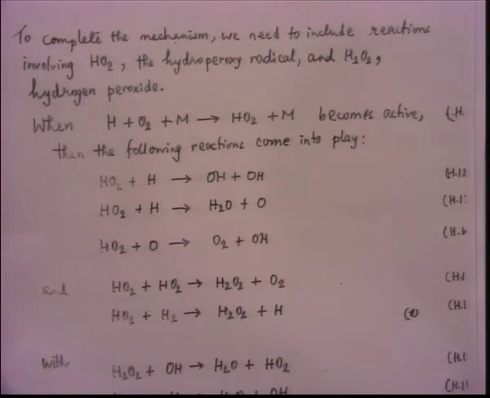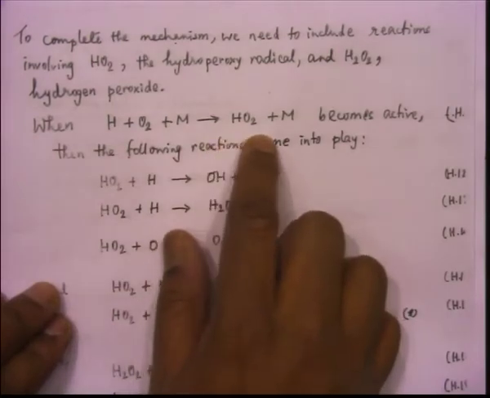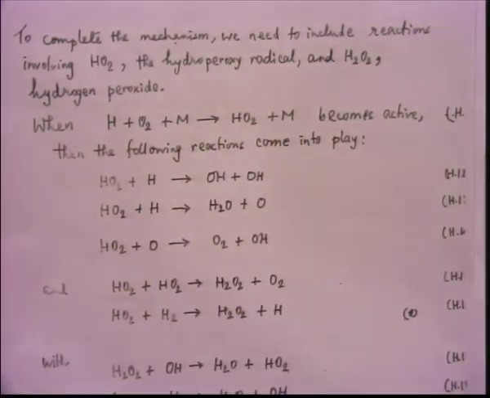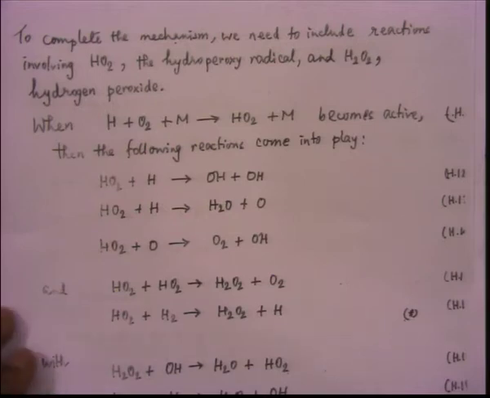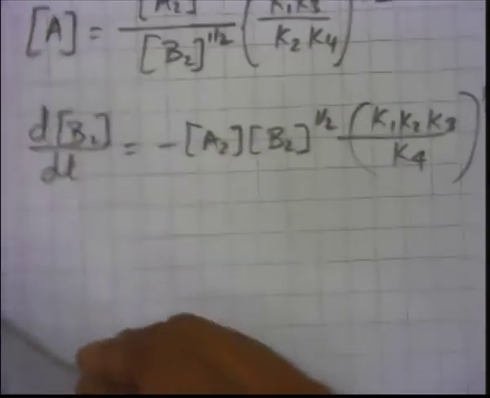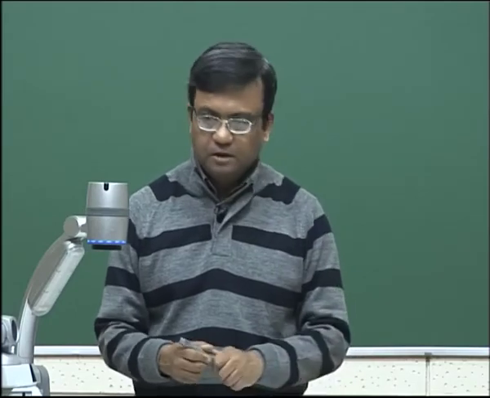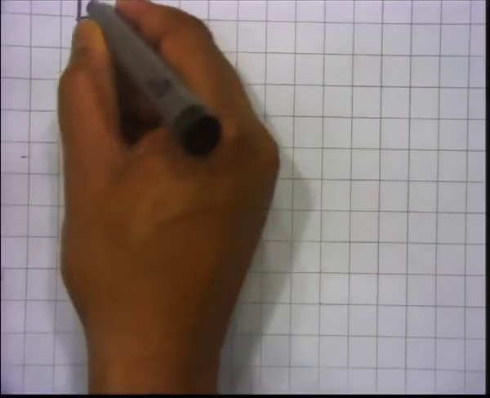That competitor is this reaction H plus O2 plus M giving you HO2 plus M. So, beyond a certain pressure this reaction becomes important. So, I think maybe it is better if I write these things at one place rather than showing all equations together. So, I am talking about a competition now, another competition.